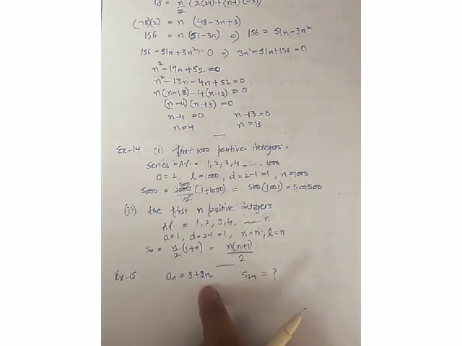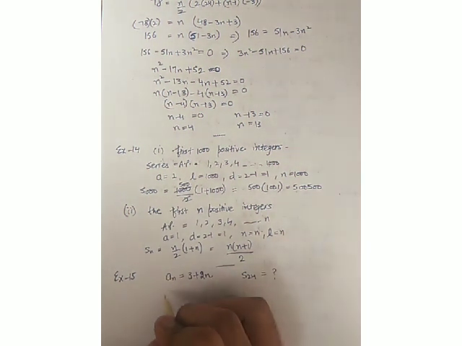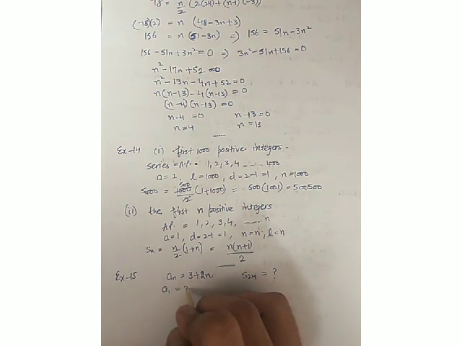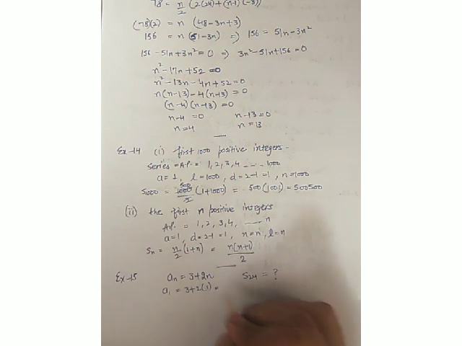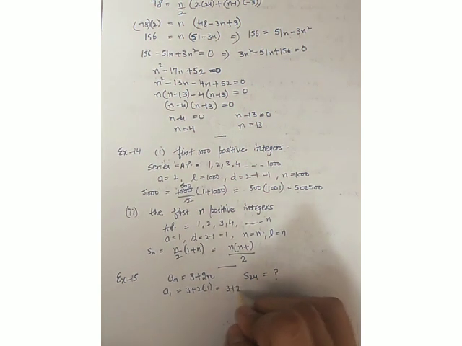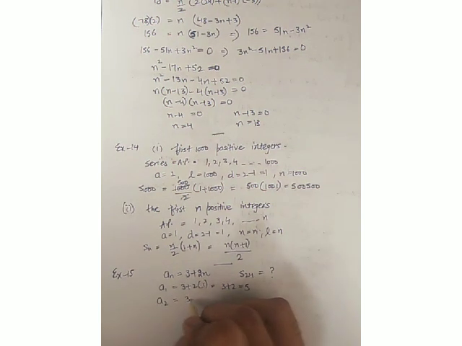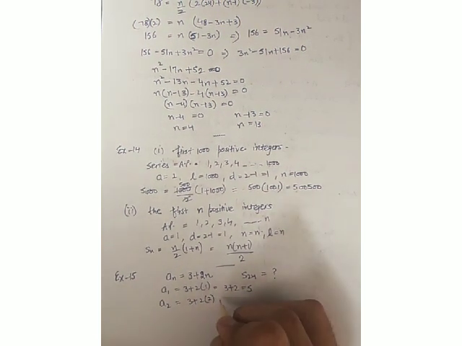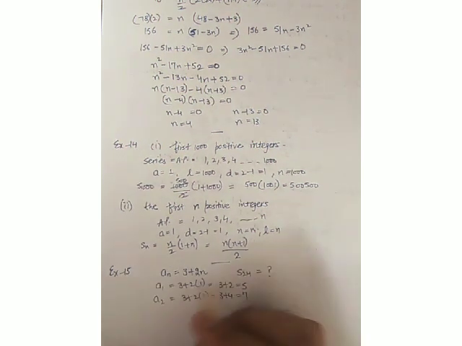Now using this general term, we'll firstly form an AP. So if an is equal to 3 plus 2n, then a1 will be equal to 3 plus 2 multiplied by 1, n will be replaced by 1, obviously. 3 plus 2, that will be 5. And if we want to find a2, that will be 3 plus 2 multiplied by 2, that will be 3 plus 4, which will be equal to 7.